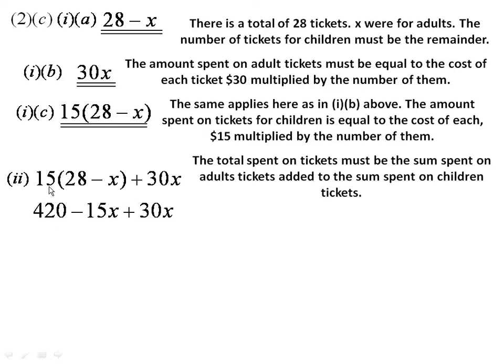And of course, 15 multiplied by x is 15x, and this will return as it is. Before the next step we realize that negative 15 plus 30, which is 30 minus 15, is 15. So in the end we should have 15x plus 420, or 420 plus 15x. And that is the amount spent overall.